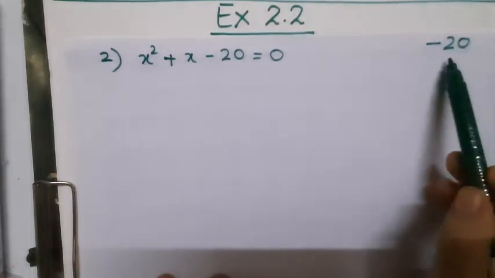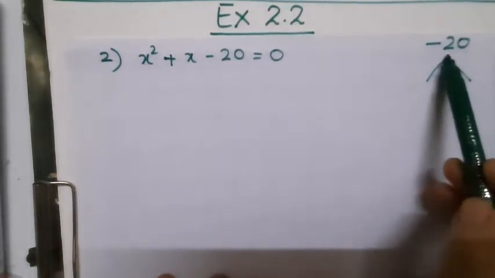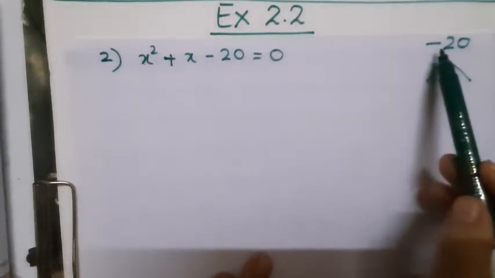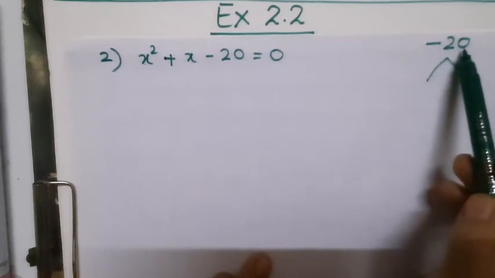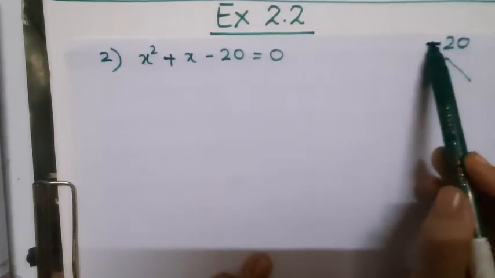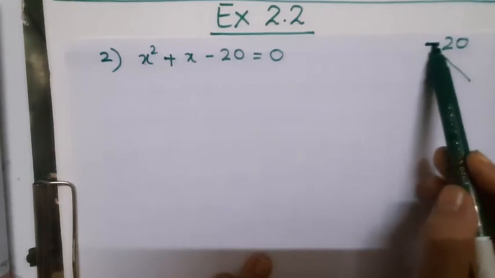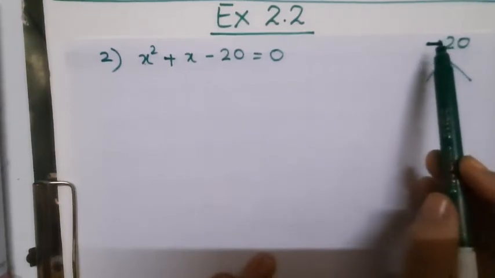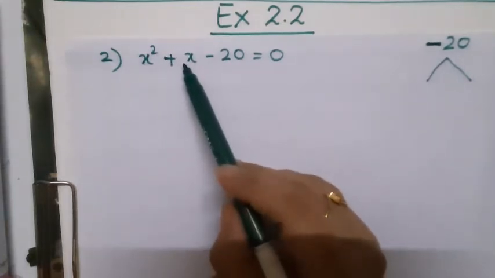Now if the sign of the constant term is minus, remember that we have to find the factors of this term such that when we multiply we get 20 and when we subtract, remember from this sign, when we subtract the factors, we must get the middle term. What is the middle term?